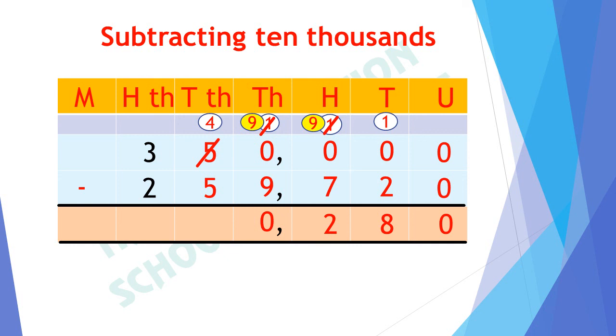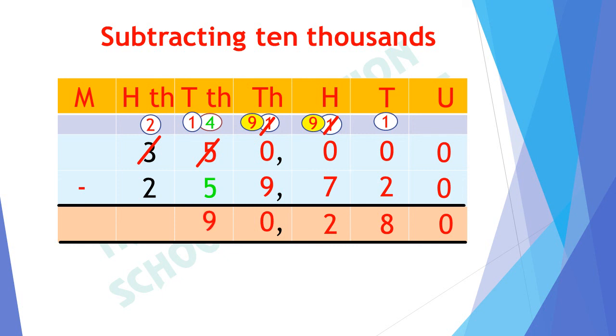Now we will move towards 10,000s. We have to take away 5 10,000 out of 4 10,000s. As we cannot take away 5 10,000s out of 4 10,000, so we take borrow from 100,000, and here we are left with 2. Now we can easily subtract 5 10,000 out of 14 10,000.